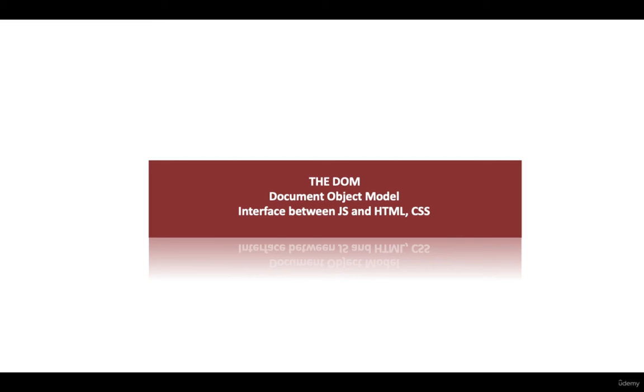So it's basically a bunch of special JavaScript objects, methods, and functions that we can use to interact with our HTML and CSS. We can change things, add elements, remove elements, change colors, animate things, all sorts of exciting ways to interact with HTML and CSS, just like we saw in the last video.